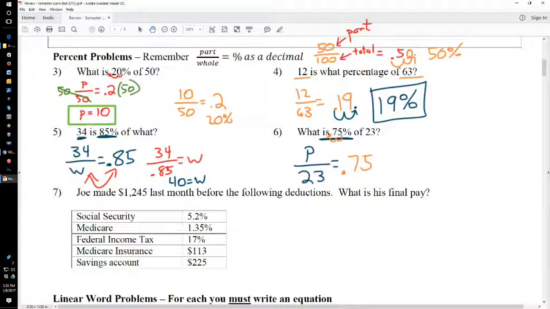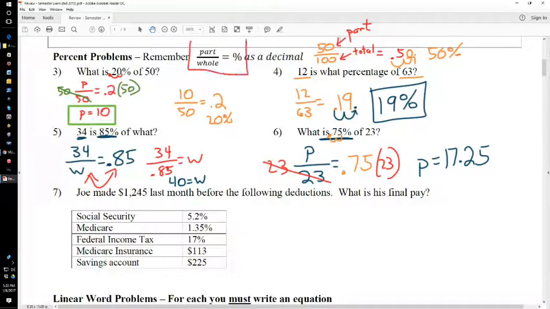Multiply by the 23, and you get that the part is 17.25. So that's how you find the percentage of something. You take the whole and you multiply it by the percentage to get the part. You can always think of it as this little formula: whole times percentage gives me my part.